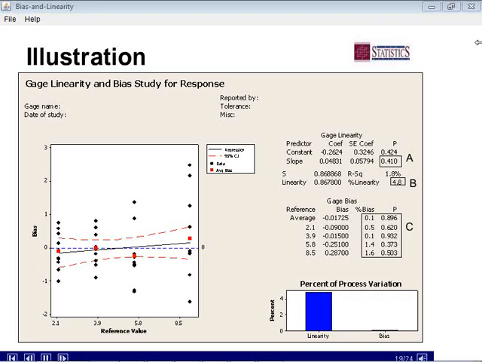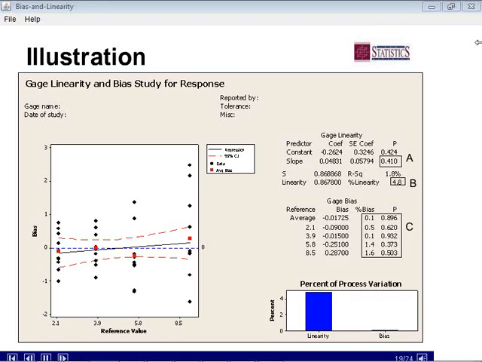Now, on the right-hand side, you get a couple of things printed out for you. Look at the gauge linearity. Under there it says predictor, constant, slope, coefficient. What they're giving you there are the results of the linear regression, the regression line being fit between the bias and the reference value. And what we want to look at specifically is the p-value on the slope.